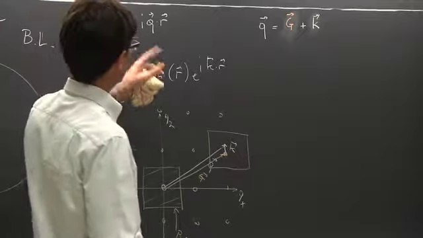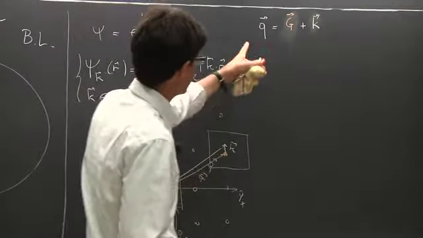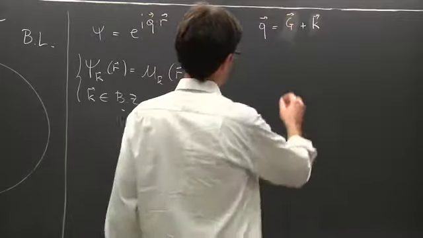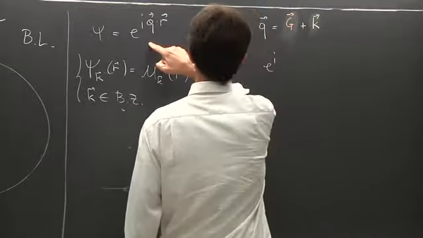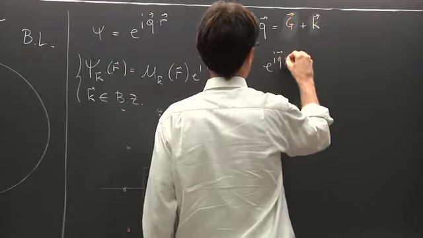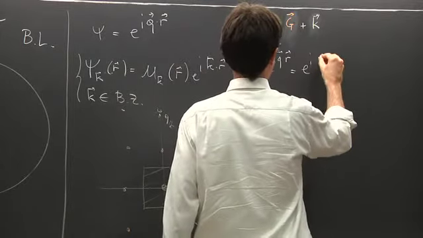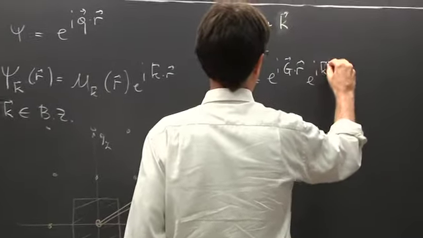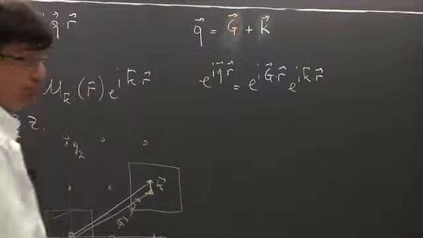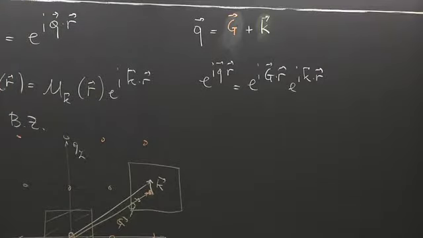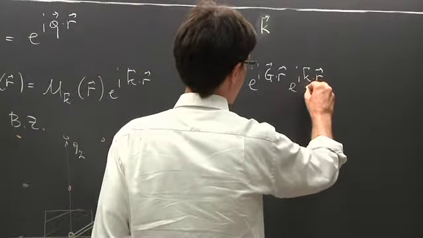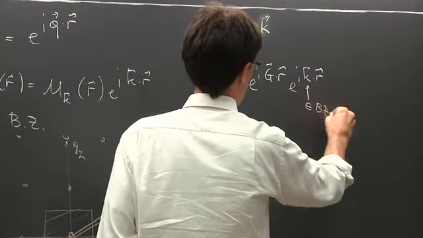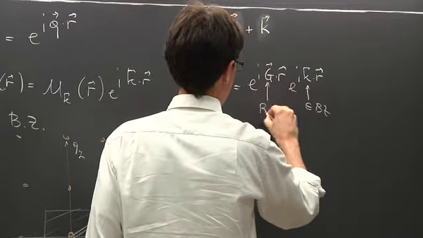But now, if I use this statement, I can write e to the iQR as e to the iG dot R times e to the iKR, where K belongs to the Brillouin zone and G is a reciprocal lattice vector.